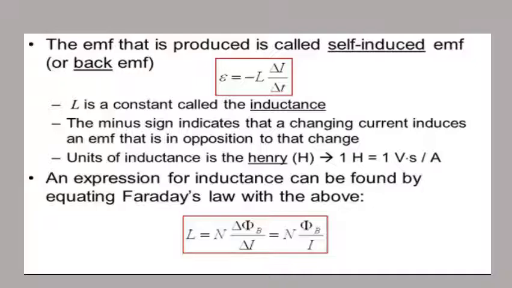So all the other things will cancel out like Δt, and we are left with L equals nΔΦ upon ΔI, and by removing the deltas we can write nΦ upon I. So this is the expression for capital L.